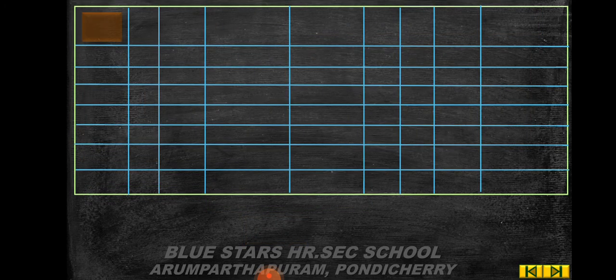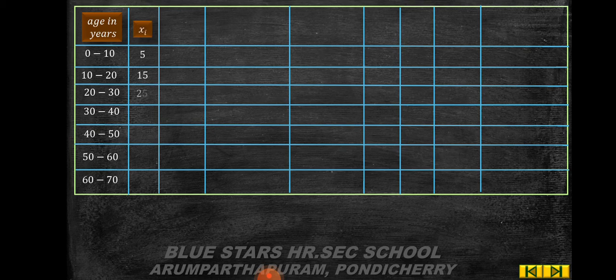Put the tabular column. Age in years. Next, x value. X value is nothing but 0 plus 10 by 2 is 5, 10 plus 20 by 2 is 30 by 2 is 15.